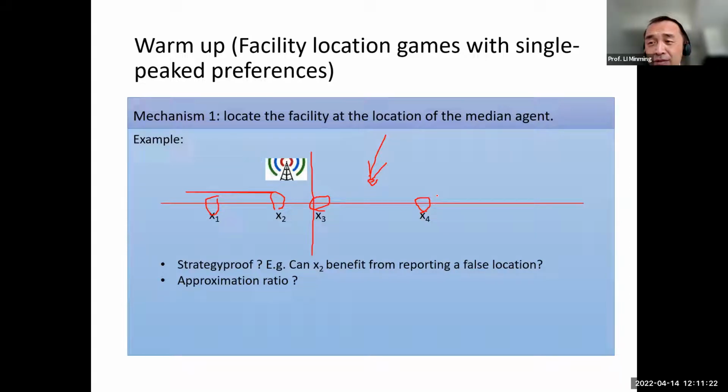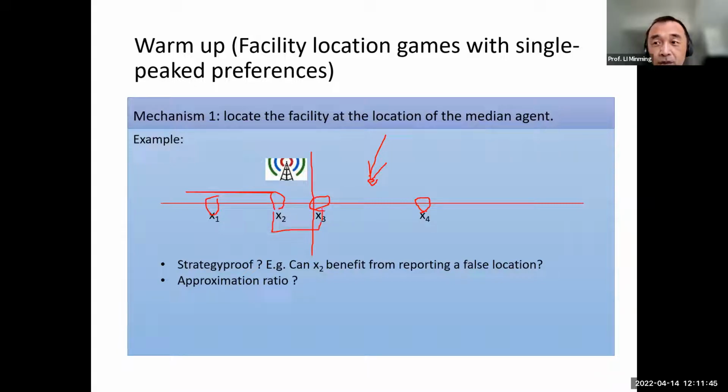When can this minimum be achieved? Only if you place the facility within the interval x1, x4. So at least for this pair, in order to make it smaller, you have to put it within the interval x1, x4. The same argument goes for the pair x2, x3.